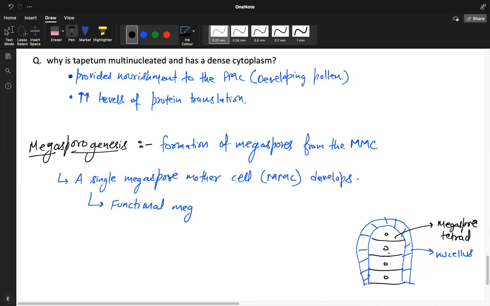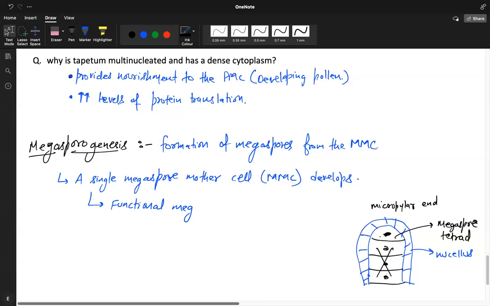Now, how do we know which one of the 4 cells will develop into the embryo sac and the others will degenerate? This end is the micropylar end, if you remember. The cell closest to the micropylar end will develop into an embryo sac, and these 3 will degenerate.